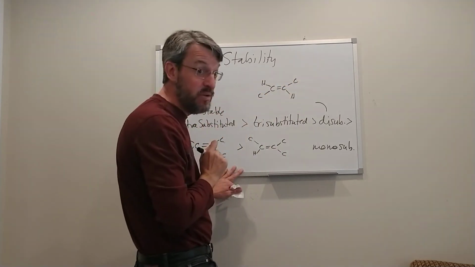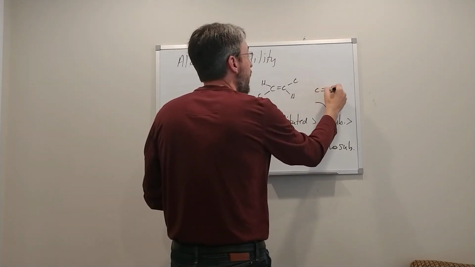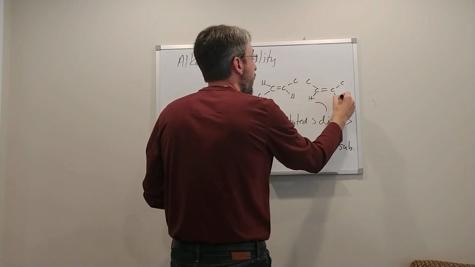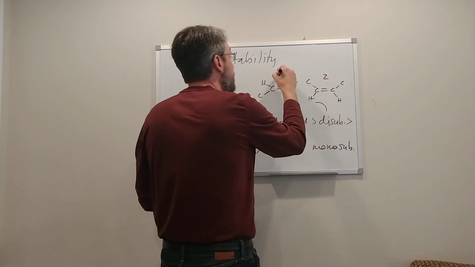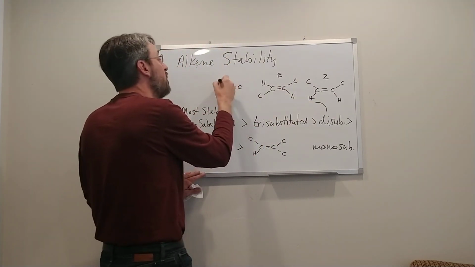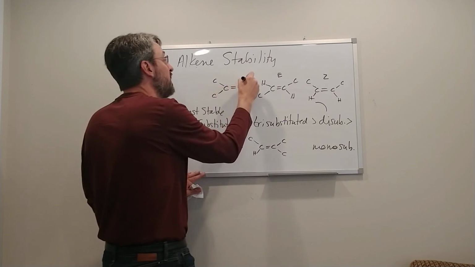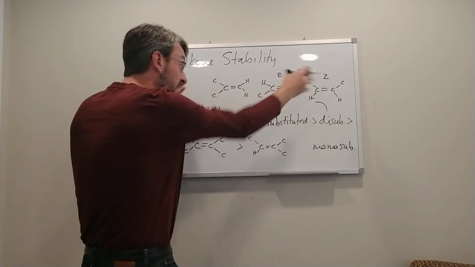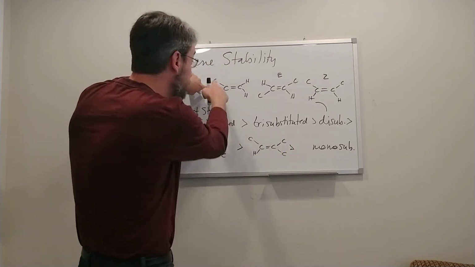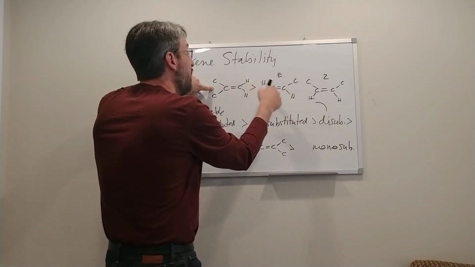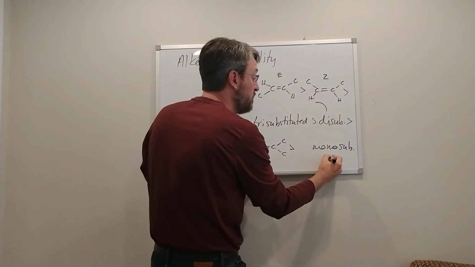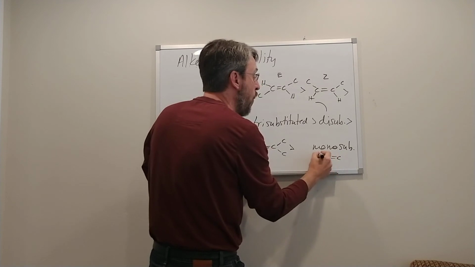That would be the E, we already saw that. So this is Z, this is E, and then there's one more possibility yet where both of the C's are on the same end. And they go in this order. So this di-substituted goes next, then the E, then the Z, and then finally mono-substituted is simply one carbon group and 3 H's.